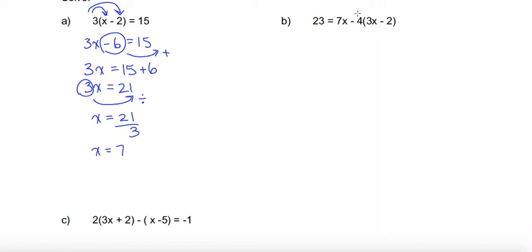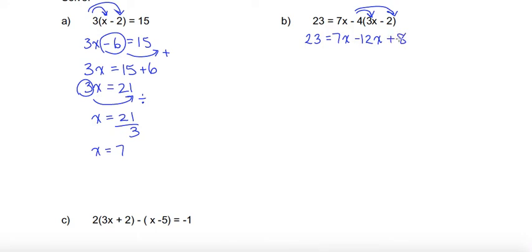But we're first going to start by removing our brackets by applying the distributive property. So we're going to multiply each term inside of our bracket by the term in front of it. So we're going to multiply each term by negative 4. So I have 23 is equal to 7x. Negative 4 times 3x is negative 12x. And negative 4 times negative 2 is positive 8.